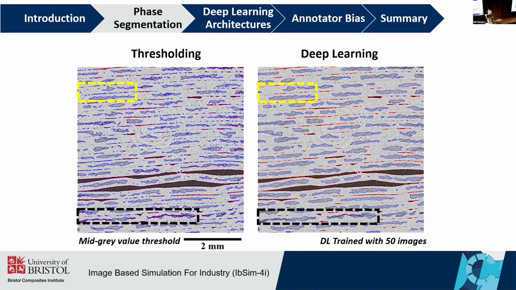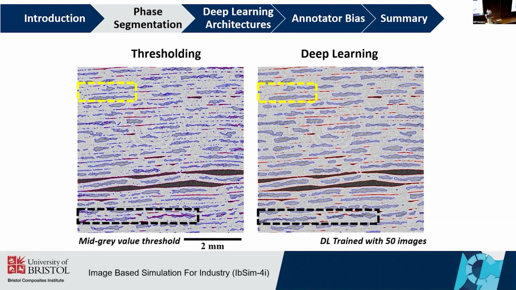And it greatly improves the segmentation of dry areas containing black voxels. So, for example, in this particular area, these are the results for the deep learning model trained with 50 images, but with 100 images, this dry area was fully segmented as being a dry area. So this was for the improvement of the dry area segmentation. We can also see some improvement in the segmentation of the voids. Now we are able to distinguish small voids, small interterminal voids.